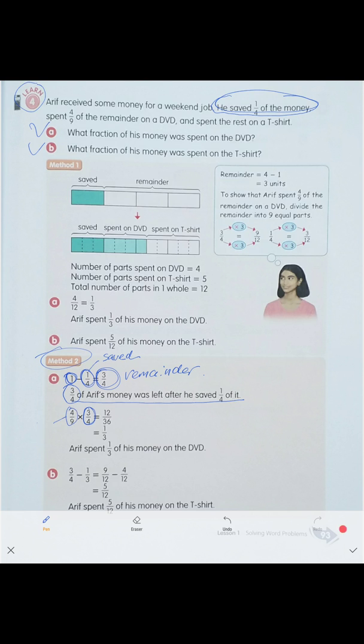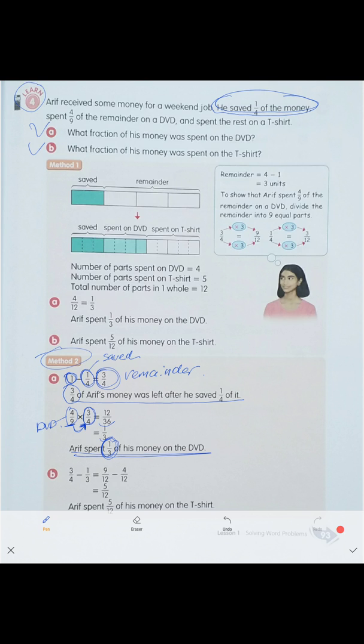4/9 was spent on the DVD, the part of the remaining money. We calculate this, and this is what we get: Arif spent 1/3 of his money on the DVD. And the same thing is happening here.